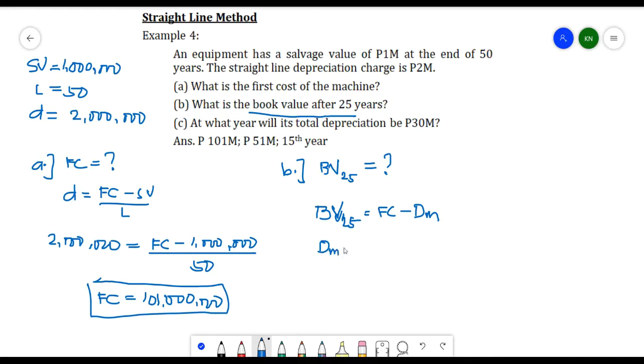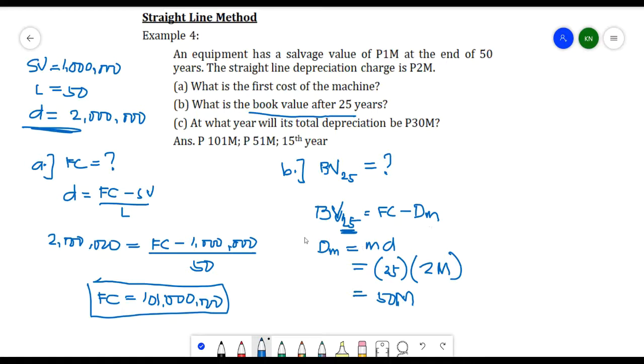DM is just equivalent to M times D. Our M is 25 and our D is the value given earlier, which is 2 million. I'll just write 2M here. And that is now equivalent to 50 million. I'll just write 50M.